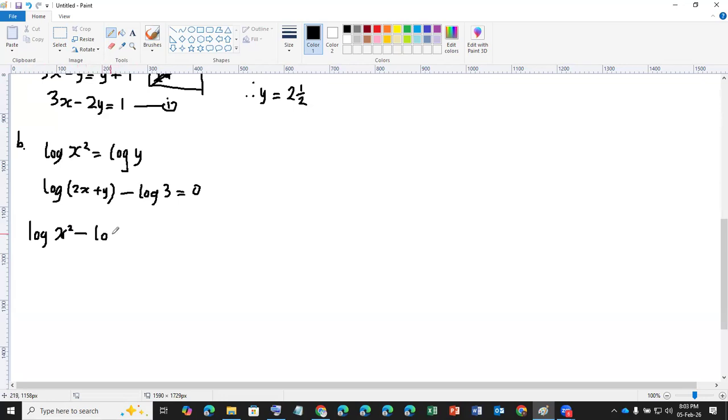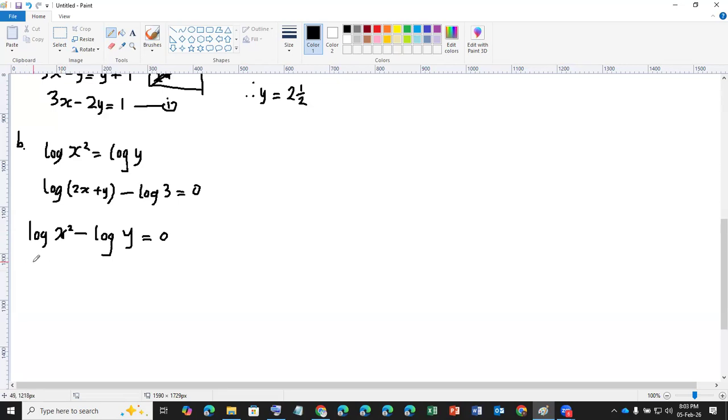Remember again, logarithm laws can be interpreted from left to right and from right to left. So this time I'm interpreting from right to left. Which law is that? Division law. Division law says when you have log something over something, it's equal to log the numerator minus log the denominator.